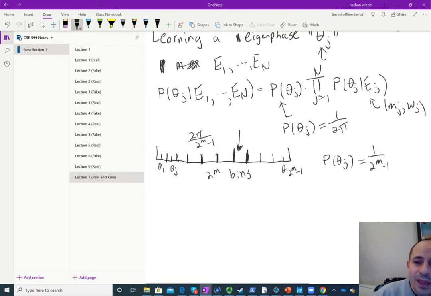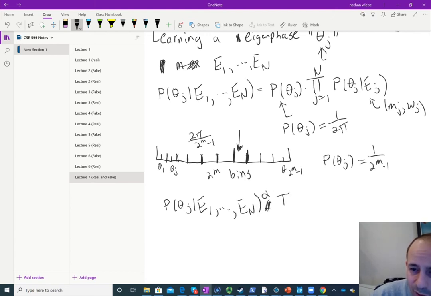So if we end up making that assumption, then Bayesian inference becomes a lot easier. Then the probability for any j, that theta j is true given all these values, is just proportional to the product from j equals 1 to n of P of theta j, ej.